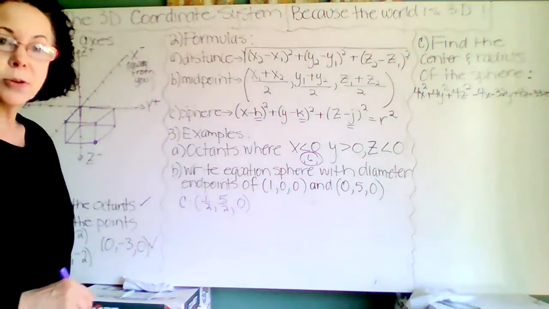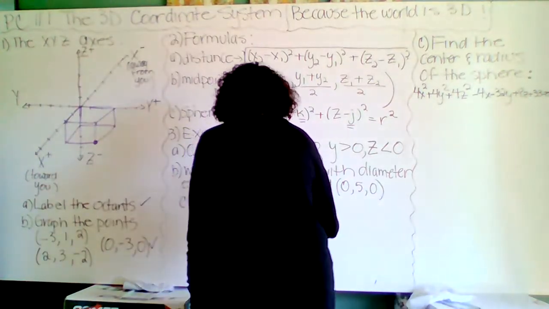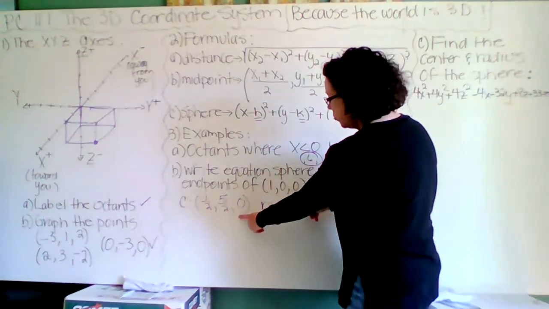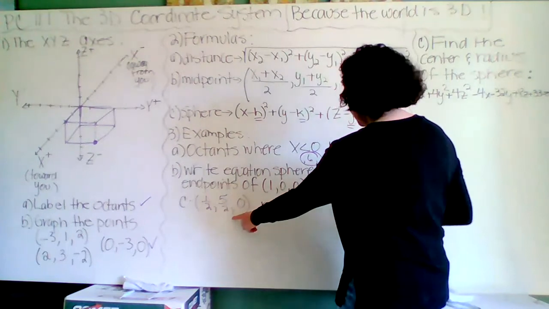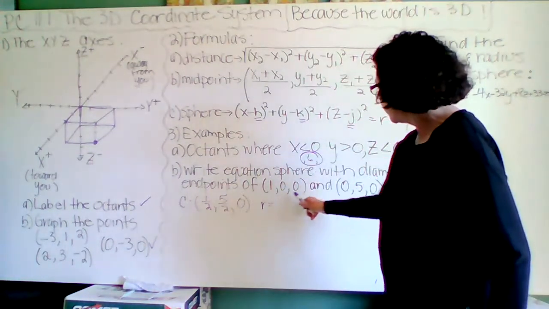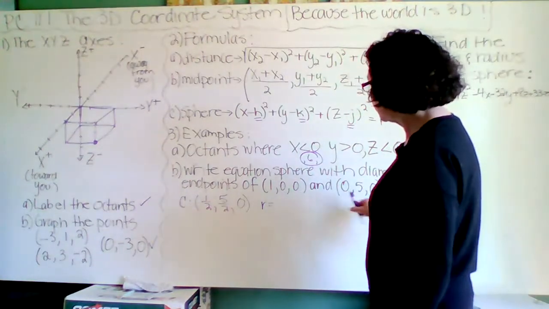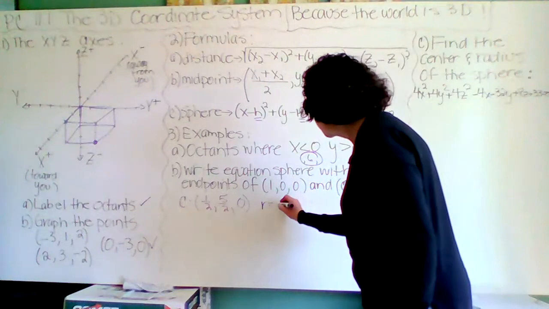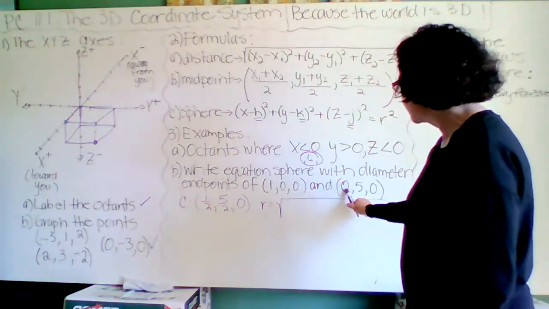Now what we need is the radius, and we'll have everything we need. There's 2 ways to go. I could use the distance formula between the center point and a point on the diameter, or these 2 points. But I think what I'll do is find the length of the diameter and divide that by 2, right? So let's use the distance formula. Here we go. Let's subtract our x's.